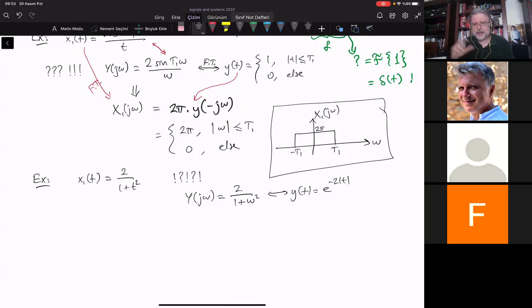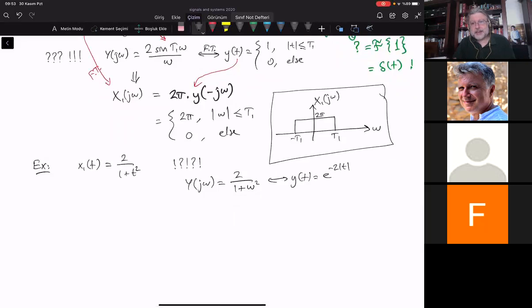Anyway, no problem. We will do it within the first minutes of the next hour after this. But again, it doesn't change our concept. Let's assume that we know it, okay? It will be given in the form of tables. You will see that e to the minus a times magnitude of t will give you the Fourier transform in this form.